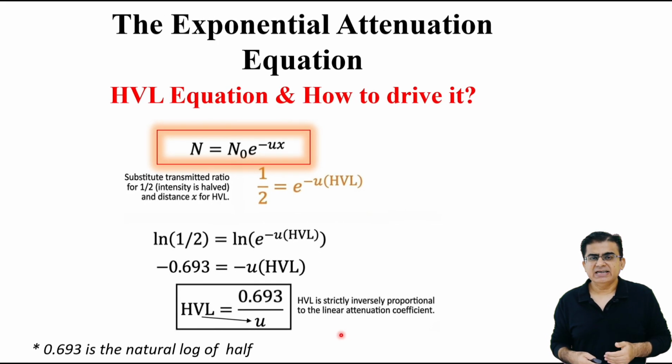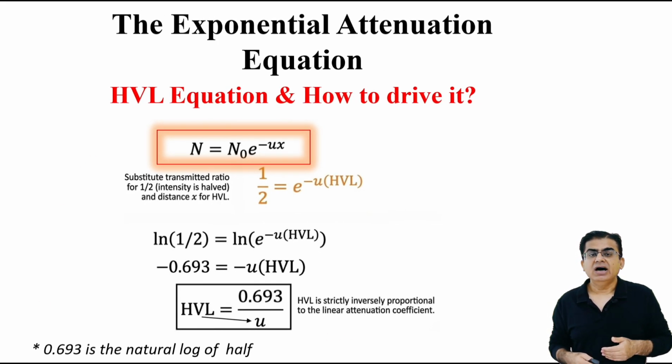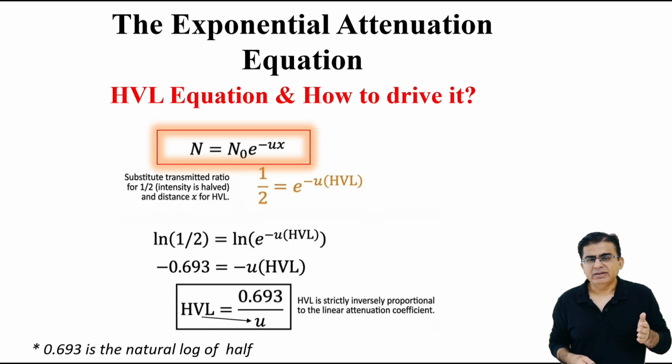Now let us see exactly how we can use this formula to calculate our half value layer. I know looking at mathematical derivations can feel a little scary for many of us medicos. But please do not worry, I will try to make this a little simple and, more importantly, logical for you.